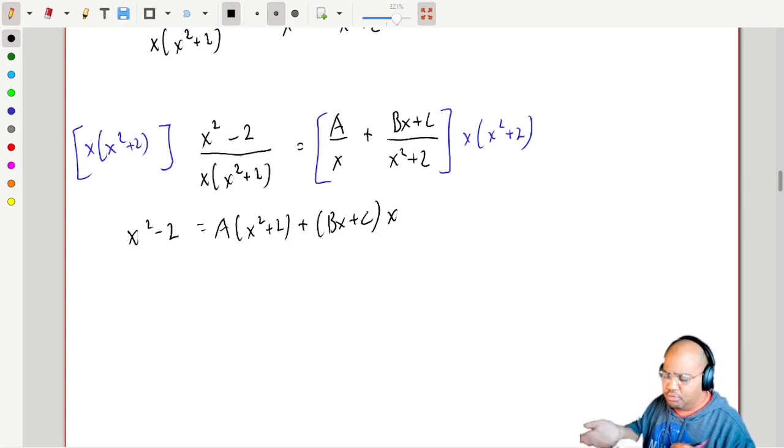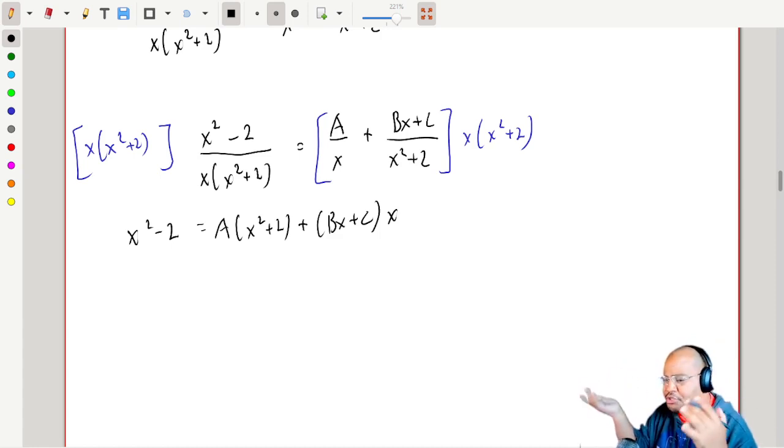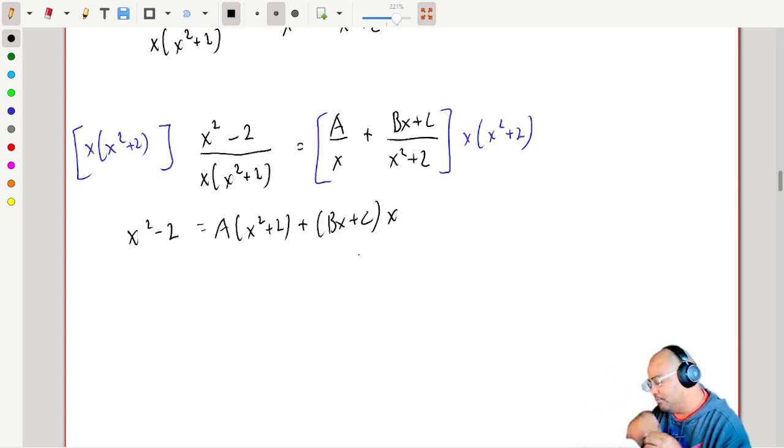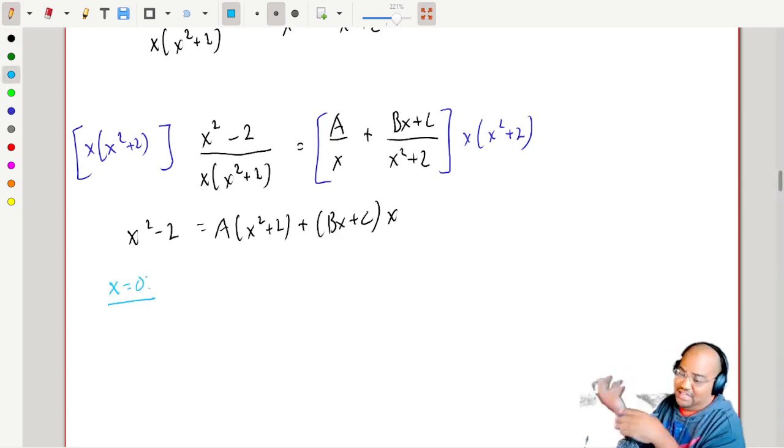Okay, so we're going to go back to the cover-up method here. Again, I could go ahead and do some equating of coefficients, which is what we did in the last one, set up a system of equations. But I'm going to go back to the cover-up method just to demonstrate that one. One of the values I can definitely select is x equals 0, because I had a lone x factor.